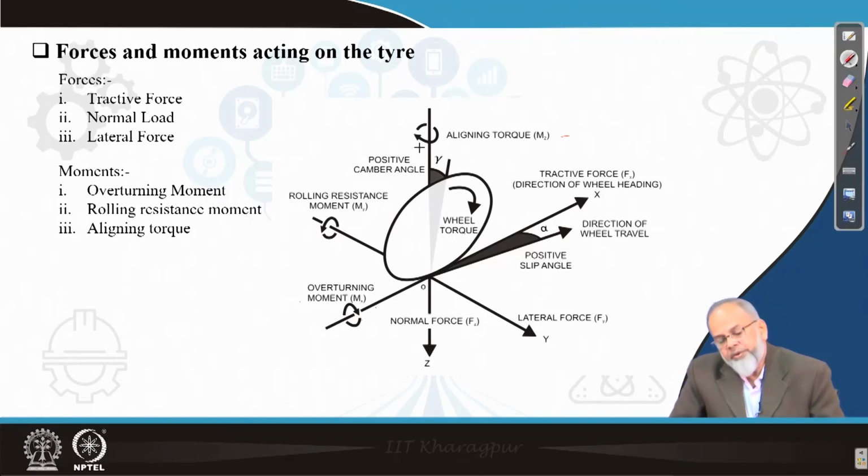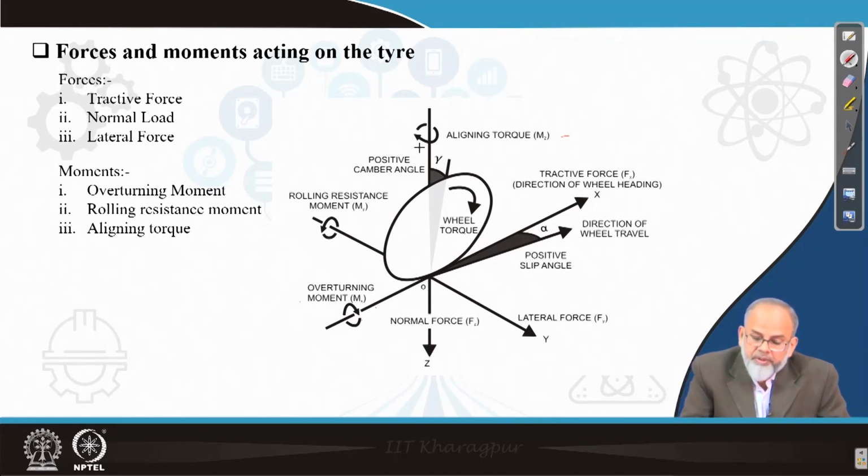When the wheel is moving in any soil, there will be soil reaction coming from the ground to the wheel. When you resolve this soil reaction in the longitudinal direction, the x-axis, that becomes your longitudinal force.